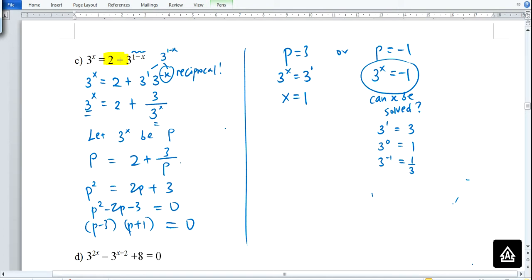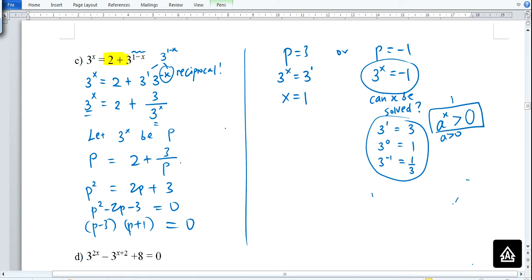So basically, for exponentials, if you have a power x, where a is a positive number, a power x will always be more than 0. So in this case, 3 power x cannot be equal to a negative number. Therefore, it is rejected here.